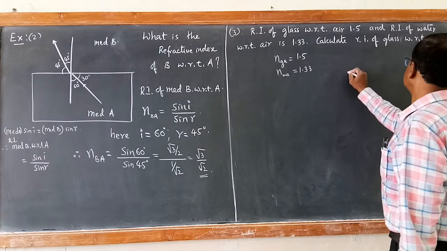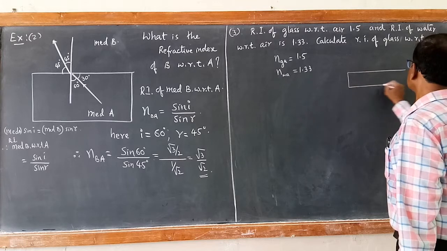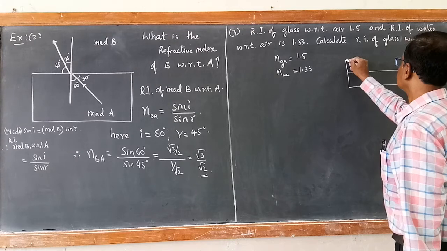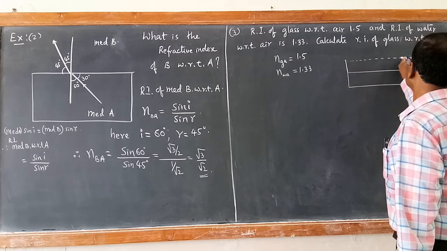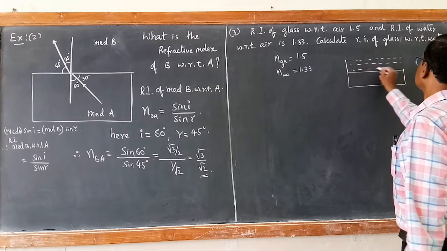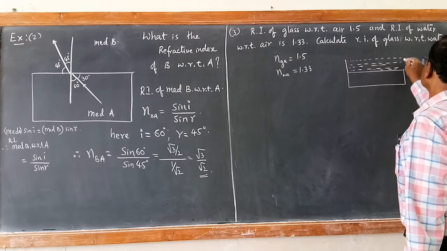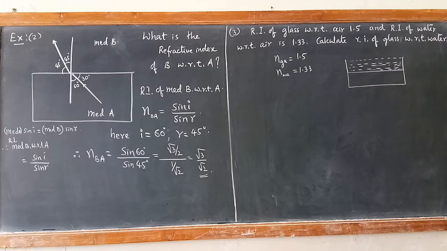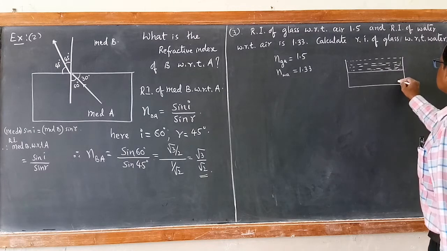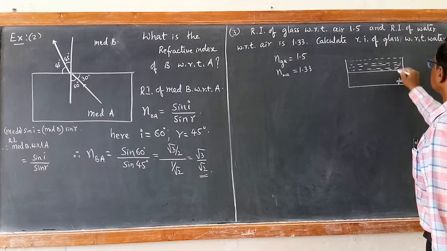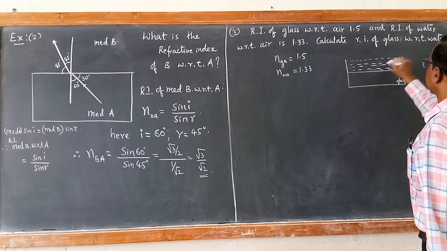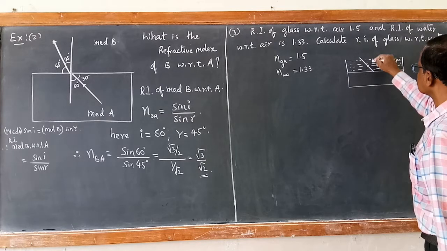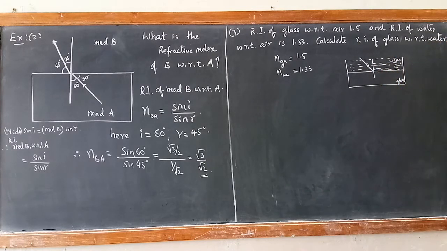See, if this is a glass slab and here this is a water medium, you can think of a water trough. So glass is this one and this is water. If a ray of light enters from water into glass, what can you say?